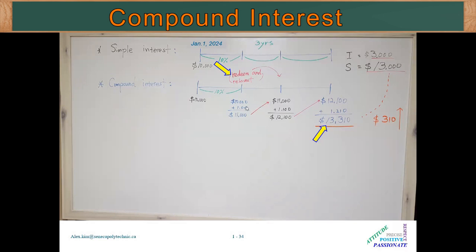So what's the difference? With simple interest, we earn interest only on the principal based on the rate. But with compound interest, we earn interest based on principal plus the additional interest incurred. As a result, with compound interest we're going to get 13,000 plus 310 because interest generated interest.